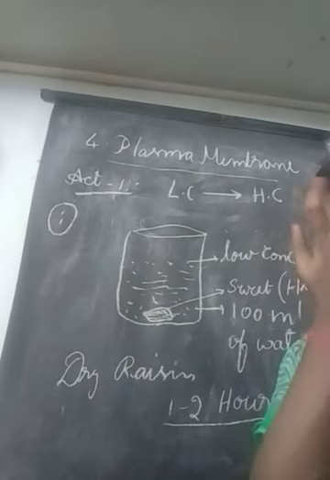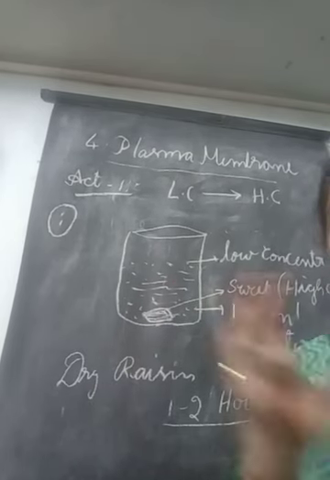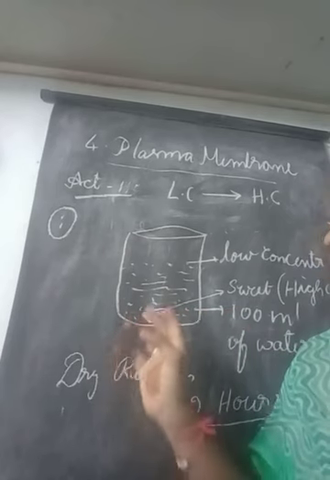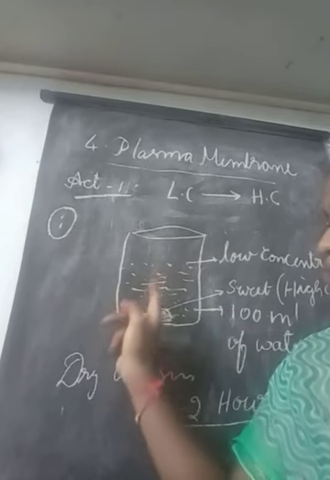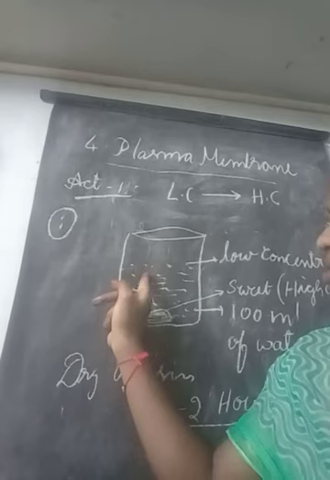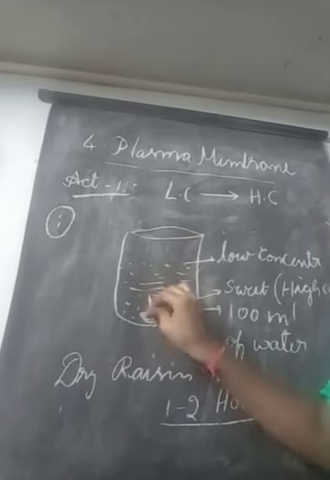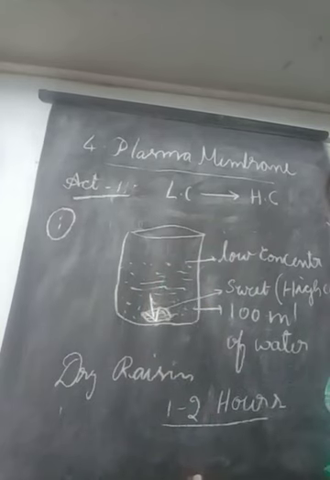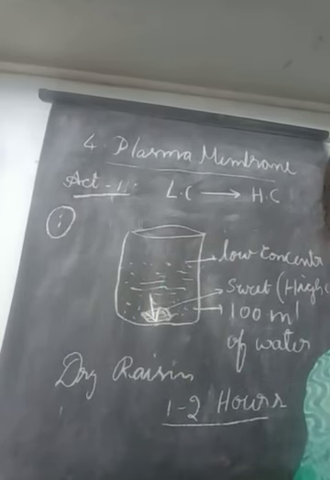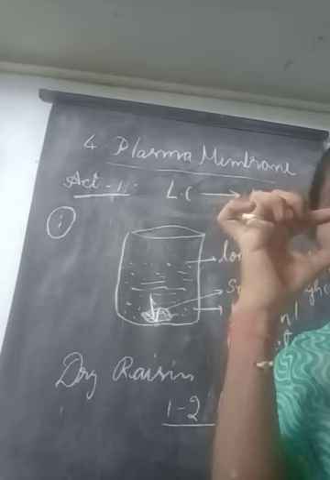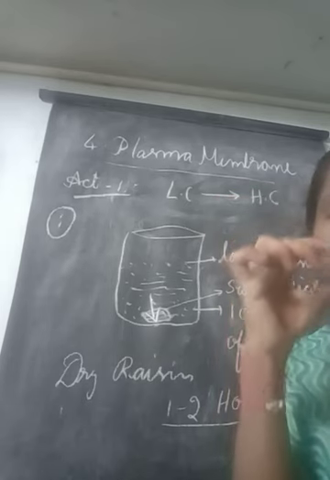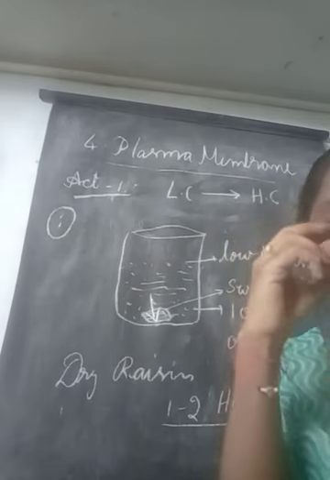So now listen to me what I am saying. First let me teach it, after that you ask your doubts. Okay? So the water which is present in the beaker moves from low concentration to high concentration. That's why if you see the resin after 1 or 2 hours, the size of the resin will be swollen. Swollen means ubbatam.